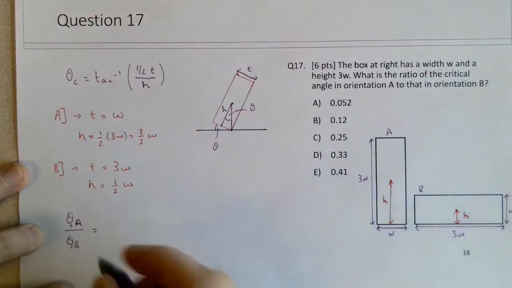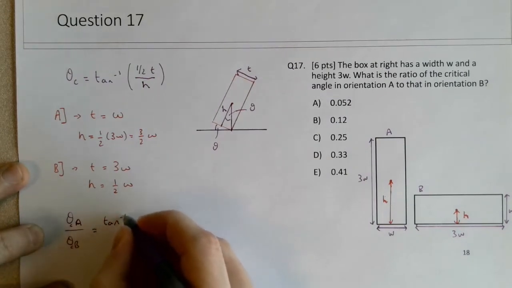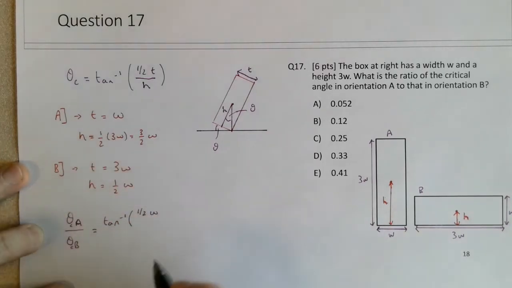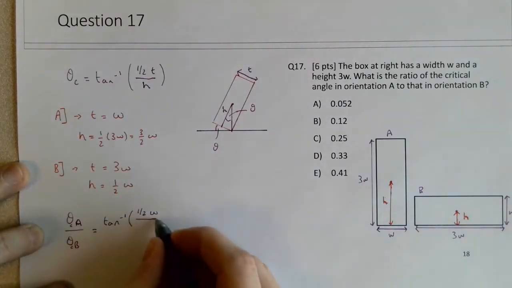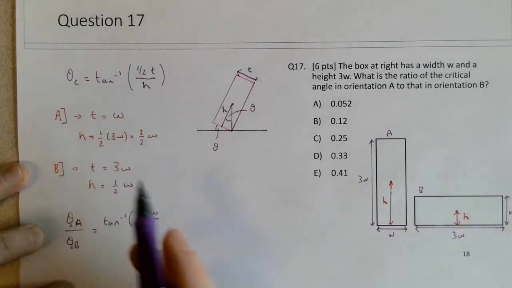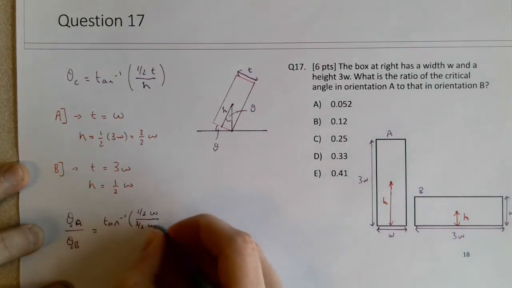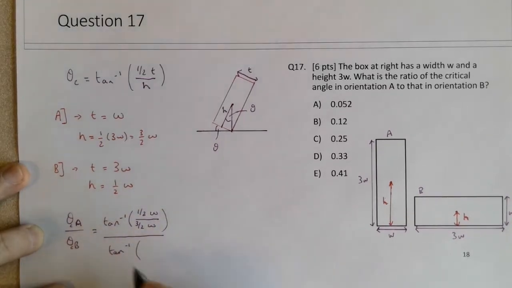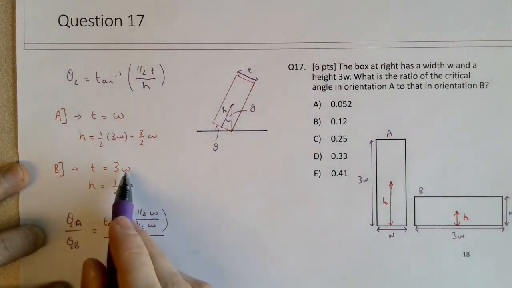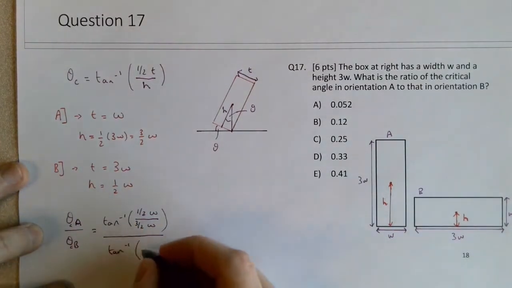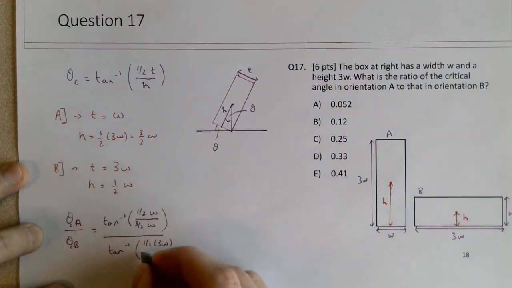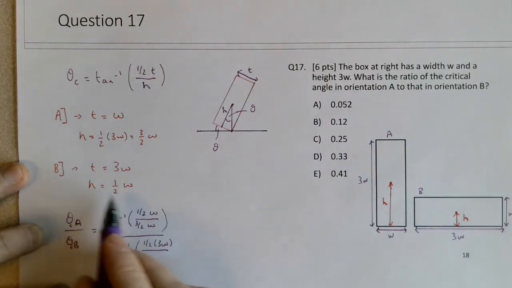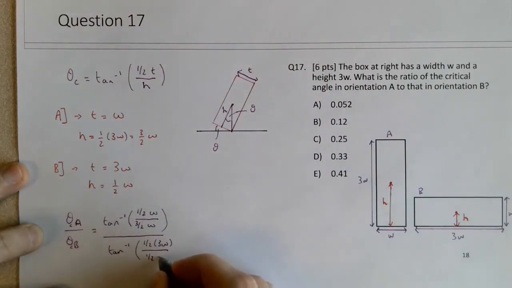We're then doing a tan inverse, so it'll be half of the track width, which for A was half of W, divided by the H, which is 3/2 of W, and then all divided by the tan inverse for B. This is half of 3W divided by the H, which in this example is 1/2 of W.